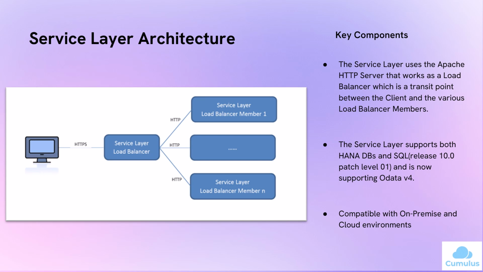A little bit about the architecture, just so you get the bird's eye view of how the service layer is operating. The service layer uses the Apache HTTP server, and that server serves as a load balancer. We also call it a central load balancer, and it's basically a transit point between the client itself and the various load balancer members.